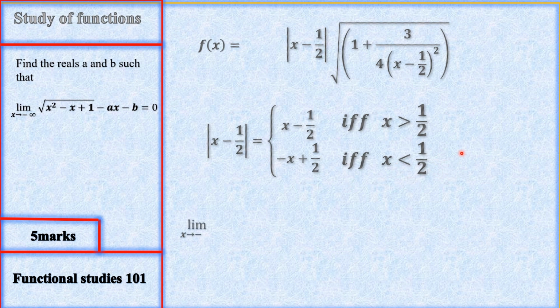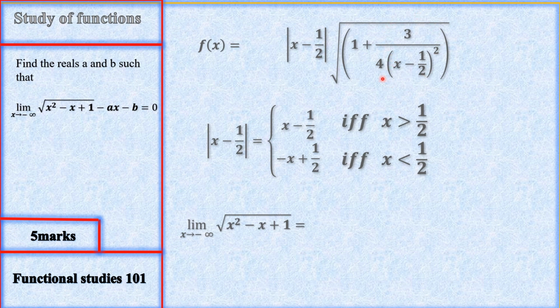Following this definition, the limit as x tends to negative infinity of this function: when x is tending to negative infinity and you square it, the denominator becomes very large. And when you divide any number by a very large number, the number approaches 0.